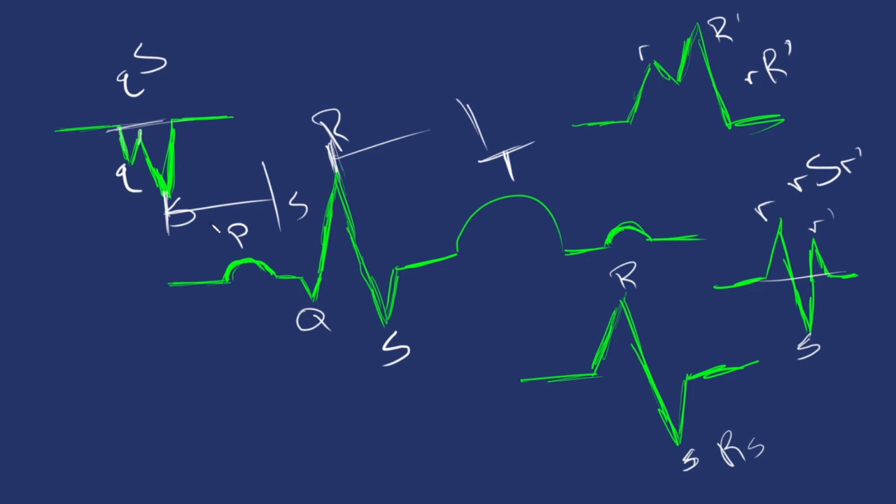Just like you'll hear a QT interval, even though the QT interval is starting here, there is no Q in that wave. So some things can get kind of confusing, but understand that all of these are technically a QRS complex, or the ventricular complex.